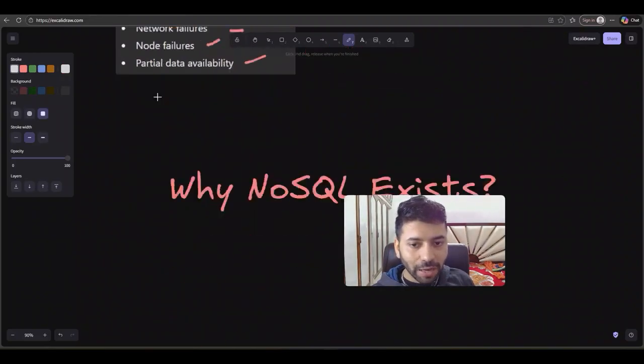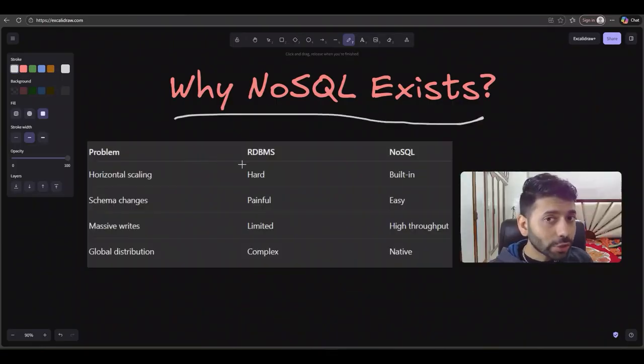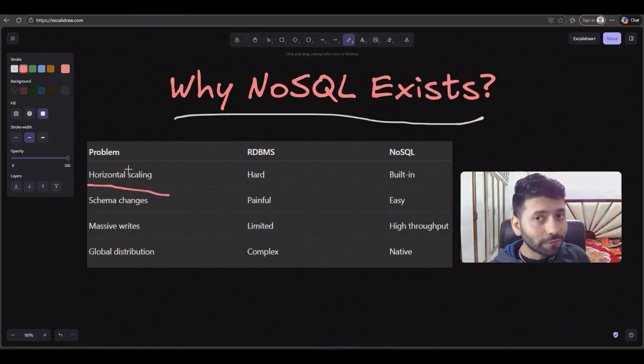Now a basic question that comes to mind is, why does NoSQL exist? Basically, NoSQL solves some of the difficulties or issues that were faced in SQL database, like horizontal scaling, which is quite difficult in RDBMS because we saw that sharding is quite complex in SQL database. We cannot do automatic sharding, and that's why it needs to be handled at the app level logic, which becomes complex, right? So it is hard in RDBMS, but in NoSQL, it is built in. How?